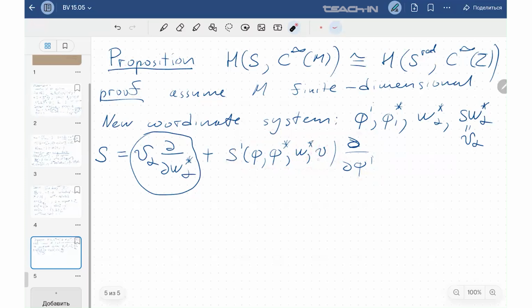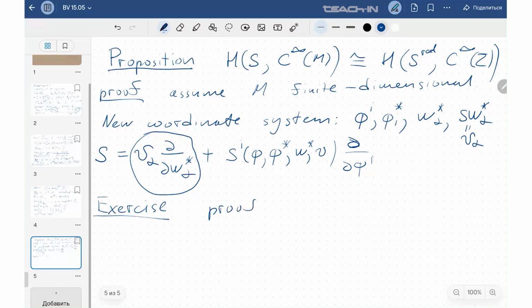So if we could eliminate this dependence on w star and v, we would get back to precisely the initial setup, and the standard argument would be that these functions of phi star would play the role of constants, and we evaluate this cohomology, and there are standard arguments telling us that cohomology of S is then isomorphic just to cohomology of this piece. And this is a bit of a technical trick, so let me leave it as an exercise.